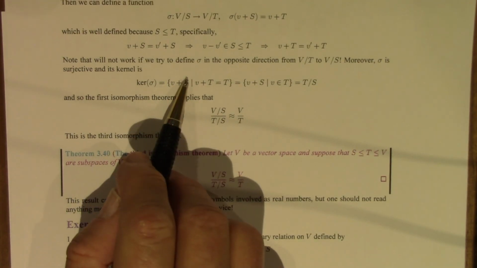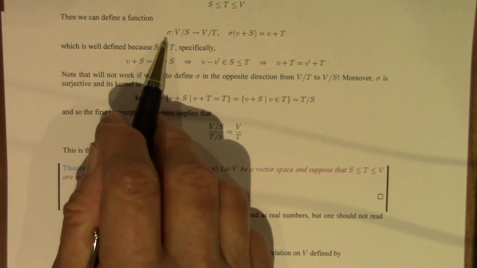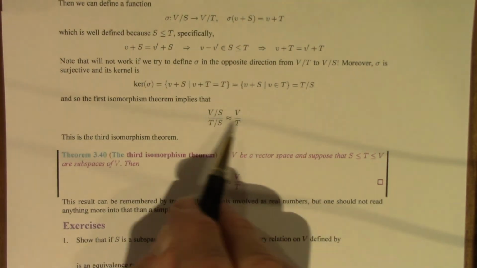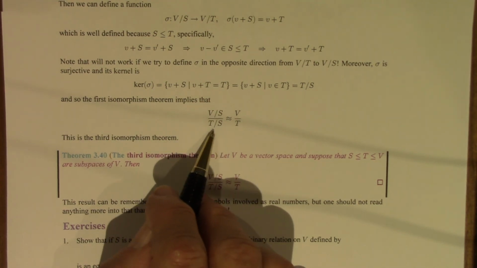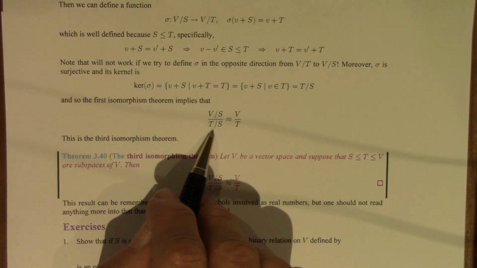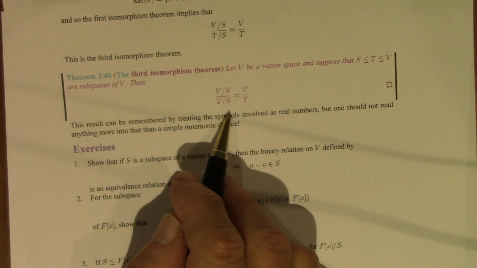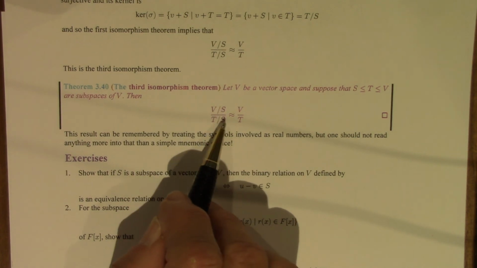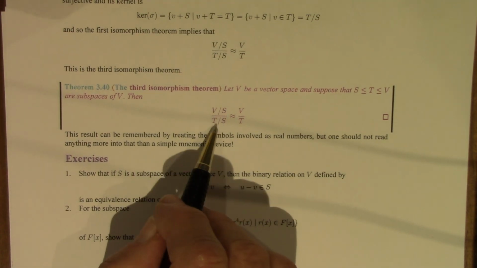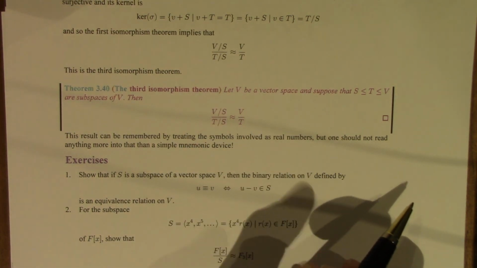So the first isomorphism theorem tells us that the vector space divided by the kernel of tau is isomorphic to the image of tau. So V mod S, factor out the kernel, T mod S, is isomorphic to V mod T. This is the third isomorphism theorem, and again, this can be remembered by thinking of these as fractions, and you can then cancel the S's.